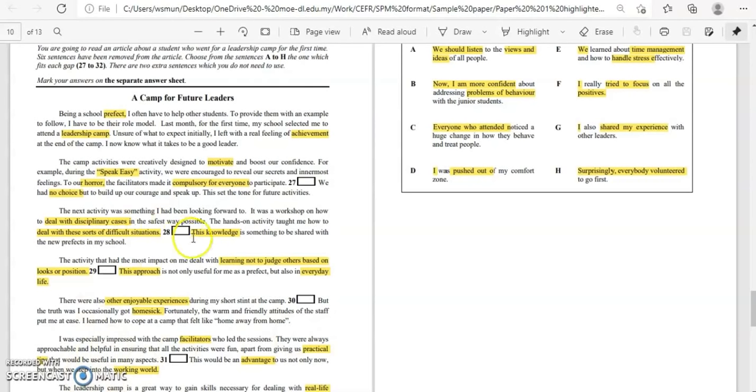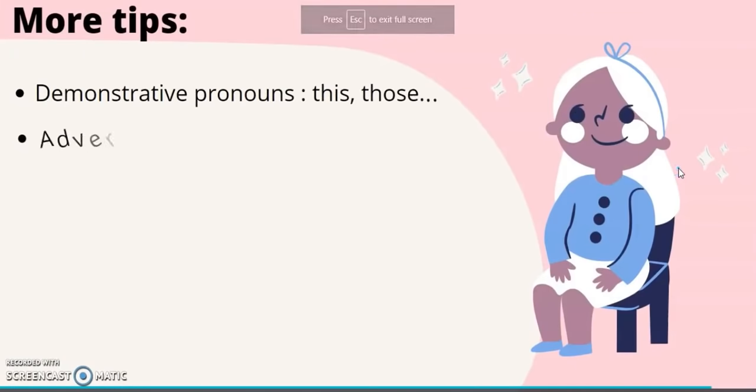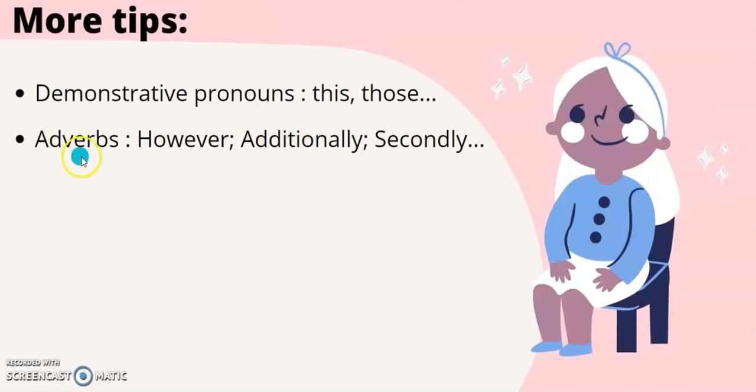Like the question 28 that we just did, the sentence after the gap says, "this knowledge." So we know that in the gap should be a knowledge that the writer has learned. Other than that, adverbs used to link ideas between sentences can give you some hints as well.